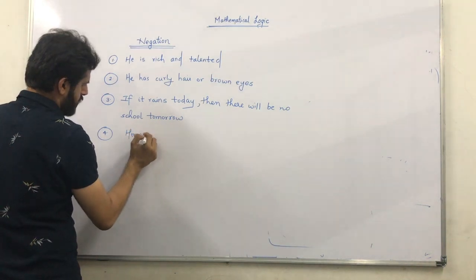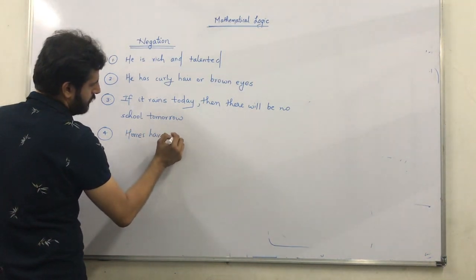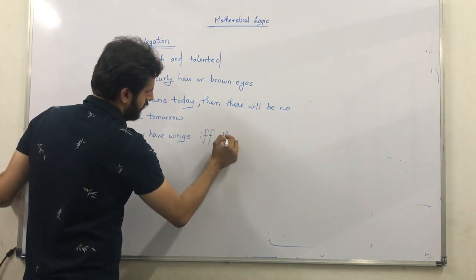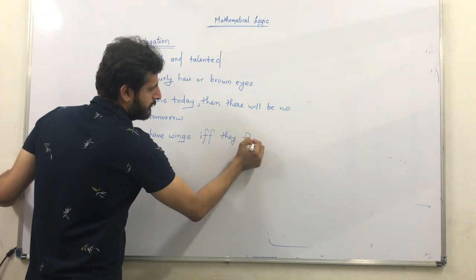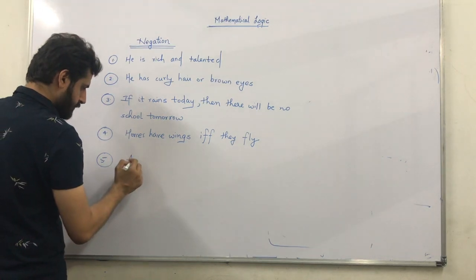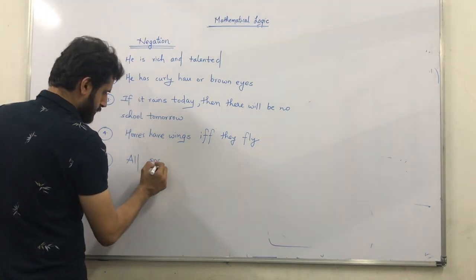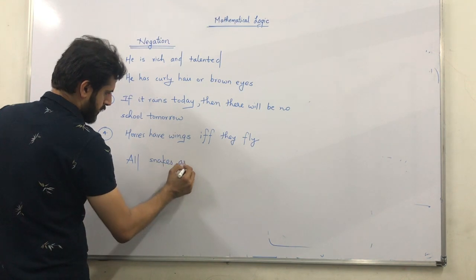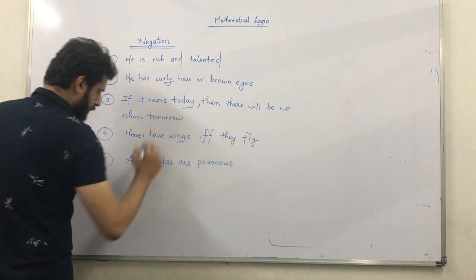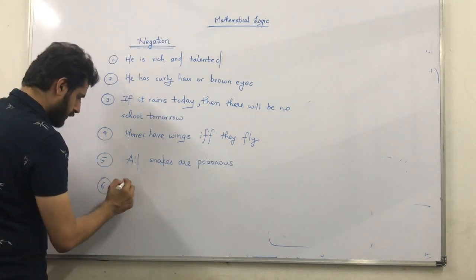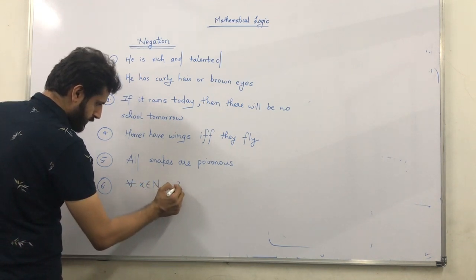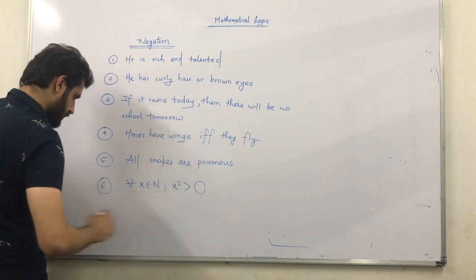Horses have wings. Snakes are poisonous. Sixth, for all x belonging to natural numbers, x is equal to 0.